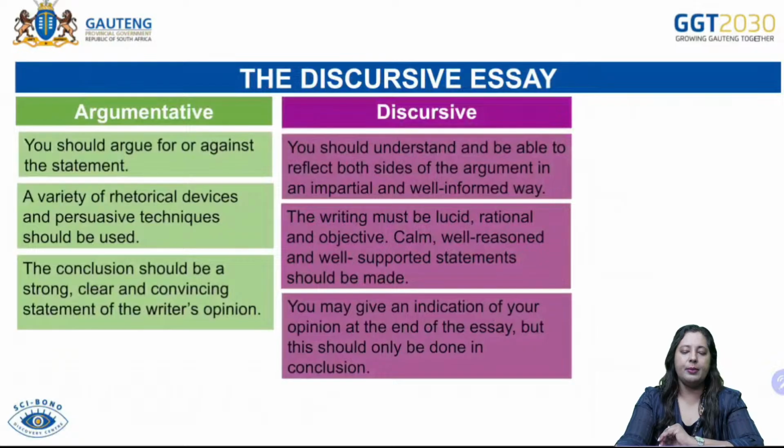Okay, and then basically at the end of the essay, you would then be able to include your opinion. But this should only be done in the conclusion. So you could give very much a mixed idea here of saying to us that this is why you either decide to sit on the bench because you could not find a way to either agree to the for or the against argument, for example.